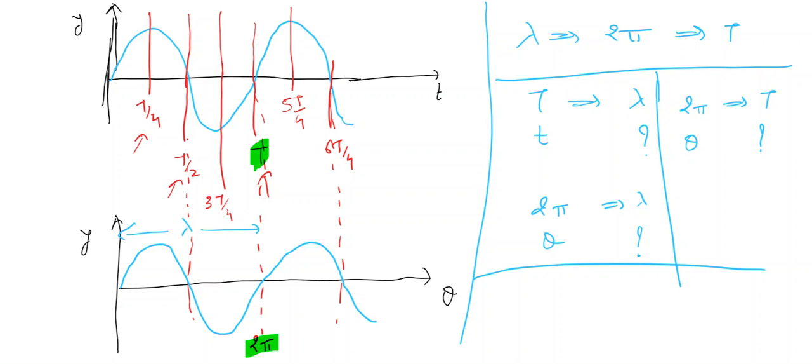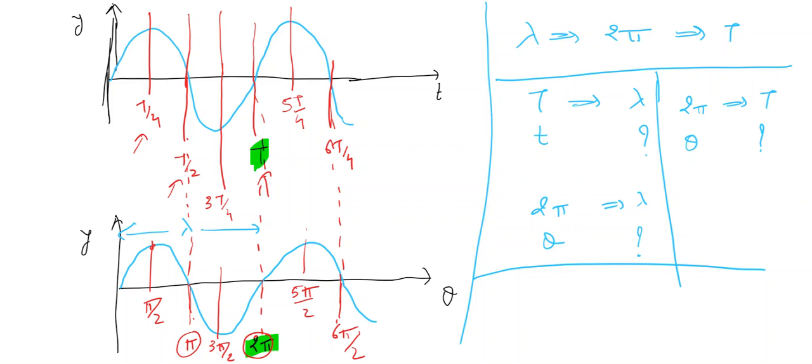Going back to the figure, if this is 2 pi, this would be pi. When the wave reaches its peak first time, the phase is pi by 2. So in that sense, you can say that this is 2 pi by 2. This is 3 pi by 2. This can be regarded as 4 pi by 2, 5 pi by 2, 6 pi by 2.